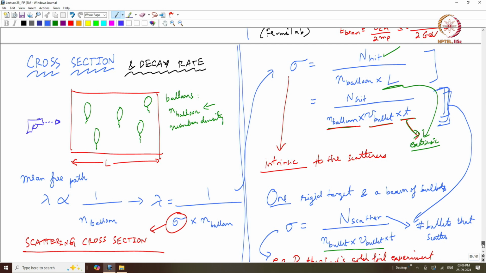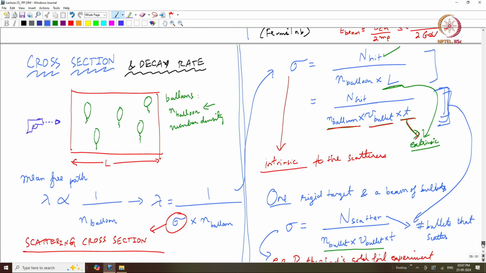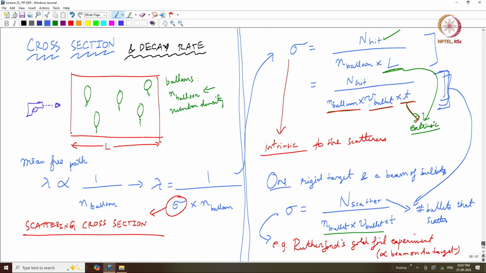So the mean free path should go as 1 over number density of the target that you are studying and the compensatory quantity that you introduce to get the dimensions right is nothing but the cross section, and in this case it is the scattering cross section, right. And the important thing to remember is that the scattering cross section is not something that is determined by you, it is determined by nature, okay.